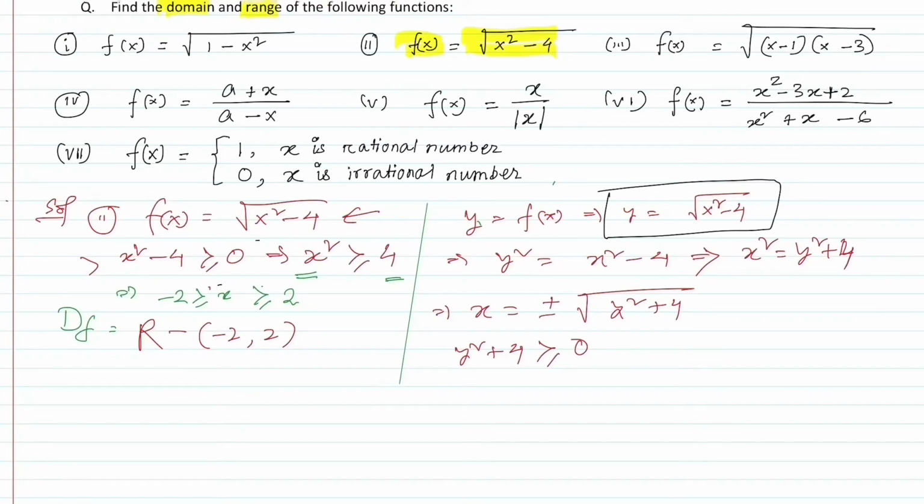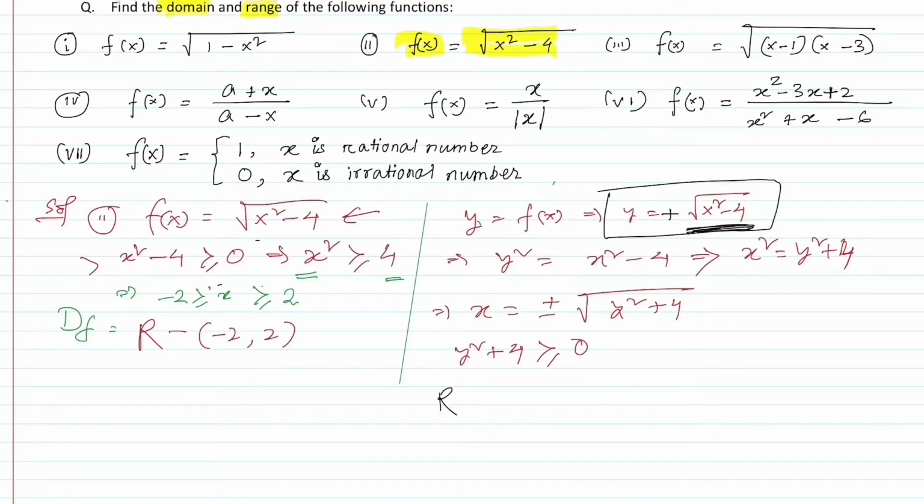There is no minus sign here, so it must be a non-negative number, and to be in the set of real numbers, under the root there should not be a negative value either, and there is no chance of this expression root over x square minus 4 being negative.